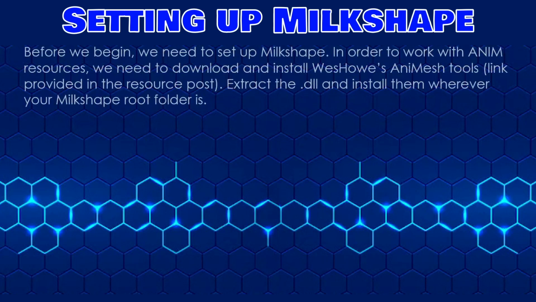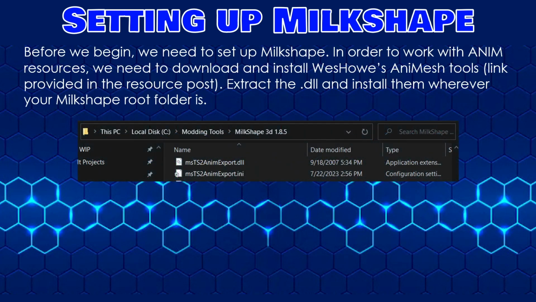Before we jump right in, there are a couple of things that we need to do in Milkshape. If you're following along at home, go ahead and pop over on the resource post, and I have shared these three DLLs. There should be an ANIM export, an ANIM import, and an ANIM export INI.